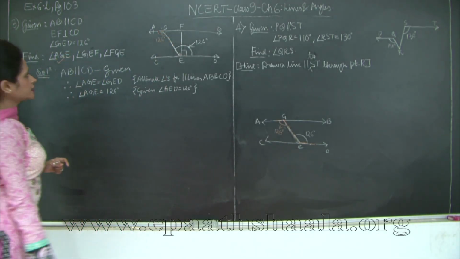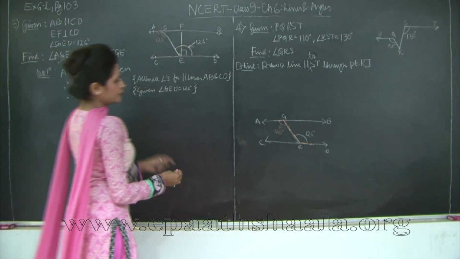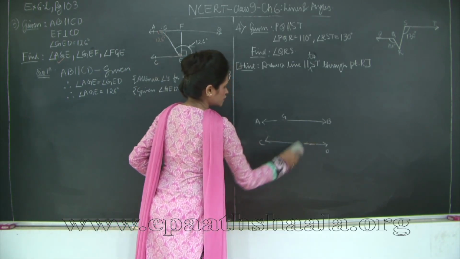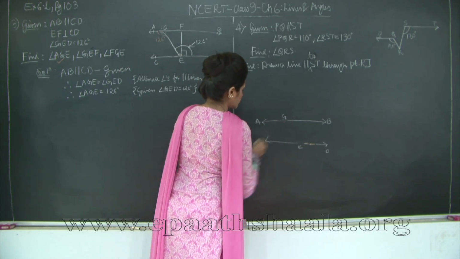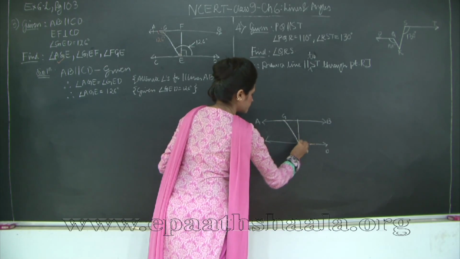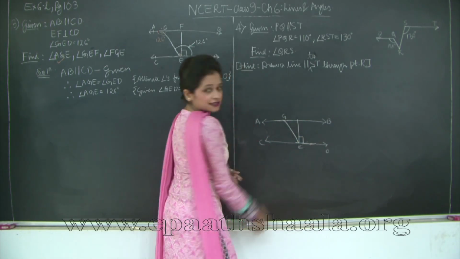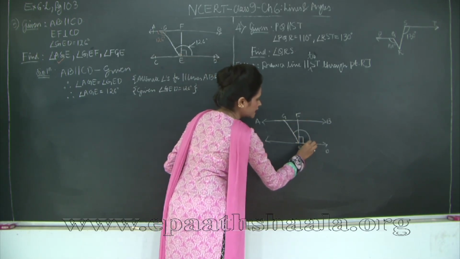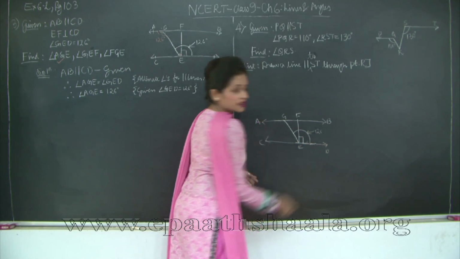Now let's take a look at GEF. We need to find angle GEF. Now this angle is 90 degrees, correct. This is F and this entire angle is 126 degrees, correct.